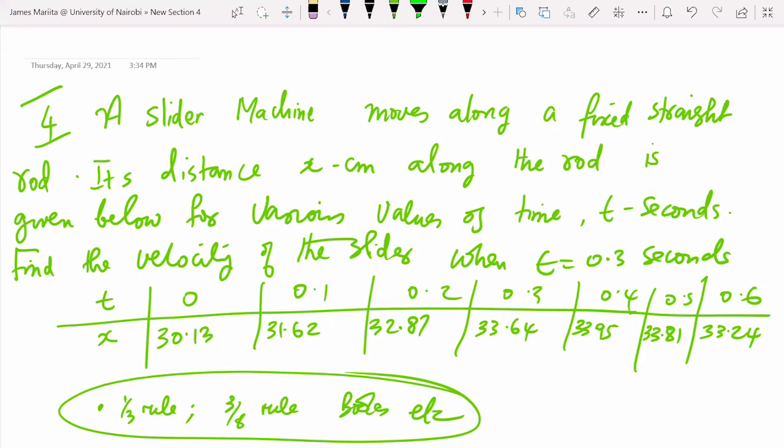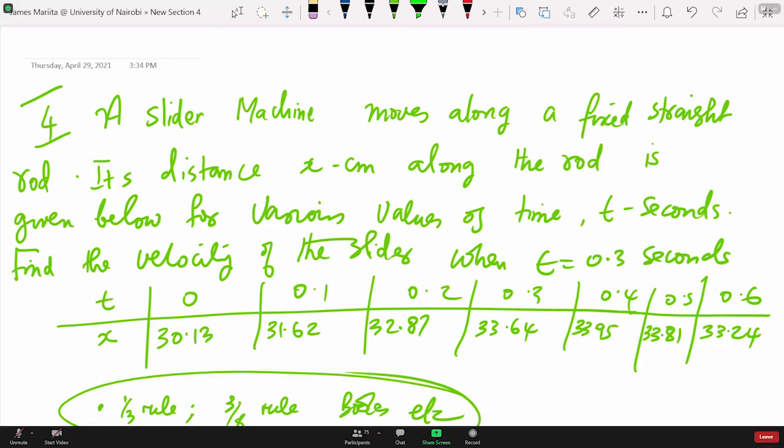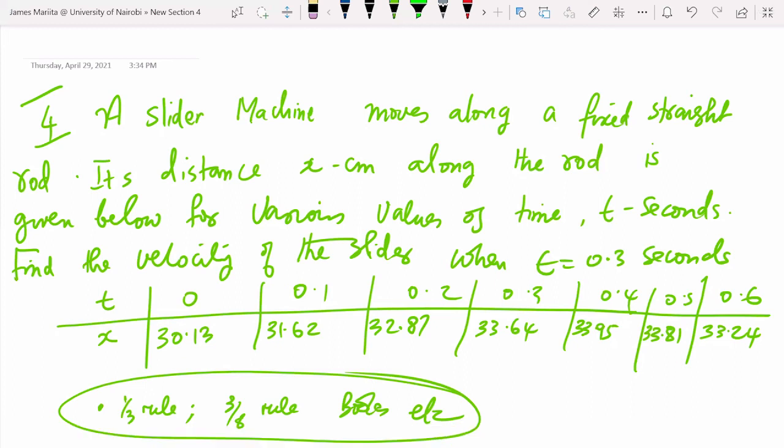Are you guys there? Yes? Are you there or you're gone? We're here. So in our next class, I'd like us to look briefly at the numerical solutions of ordinary differential equations.